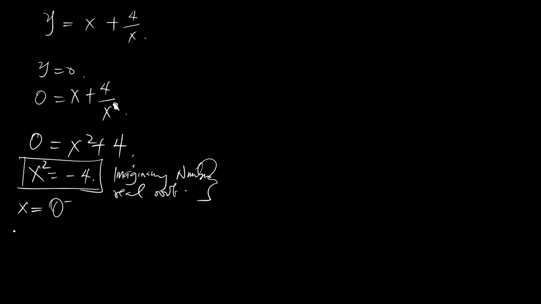My y now will be y is equal to negative 0 plus 4 over negative. So now we have minus infinity. That is what you will have. So you have y equal to minus infinity. This is another boundary condition.